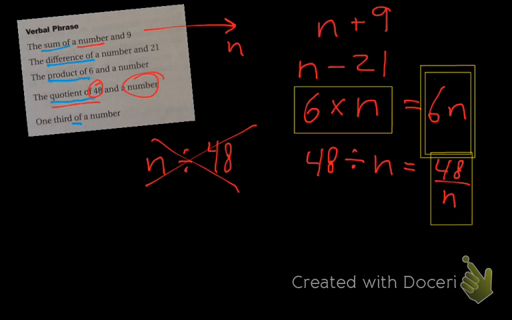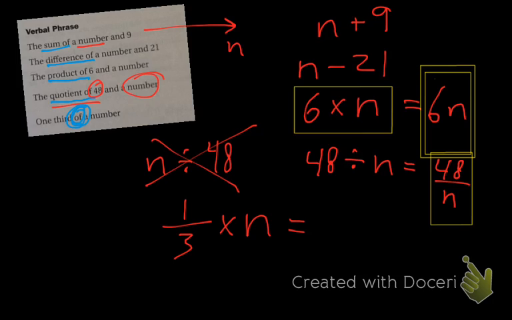Finally, 1/3 of a number. Well, 1/3 I know looks like this, and of a number. Of means multiplication. Of by itself. Notice here that of is by itself. It's not product of or sum of, it's just of. So 1/3 of a number means 1/3 times n.